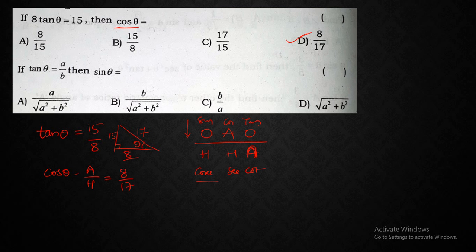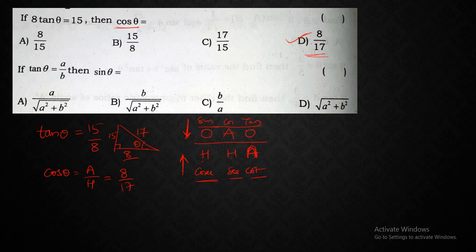So if you want these values, then read it this way: hypotenuse by opposite, hypotenuse by adjacent and adjacent by opposite. So if you want sine, cos, tan, read it from top to down. Next, if you want cosecant theta, secant theta or cot theta, you read from bottom to top.